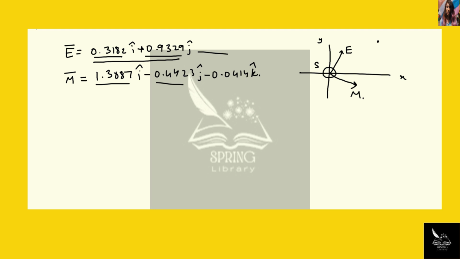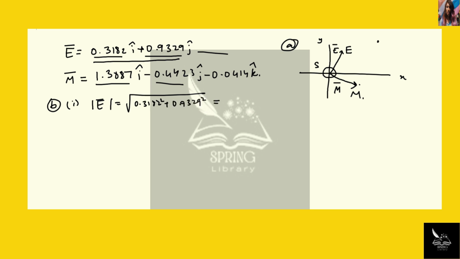Of course, Mars is not in this plane, it is slightly out of this plane, but we will ignore that for now. Now, for part B we need to find the distance of Earth from Sun. We know that this is vector E and this is vector M. Hence, the distance from Sun to Earth would simply be the magnitude of vector E, which is the square root of 0.3182 squared plus 0.9329 squared.